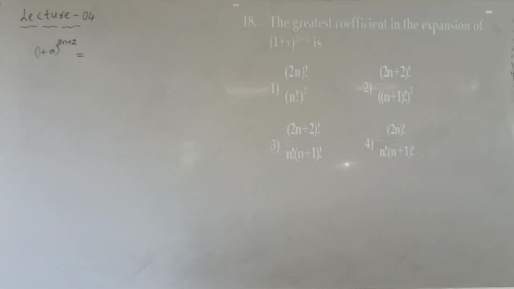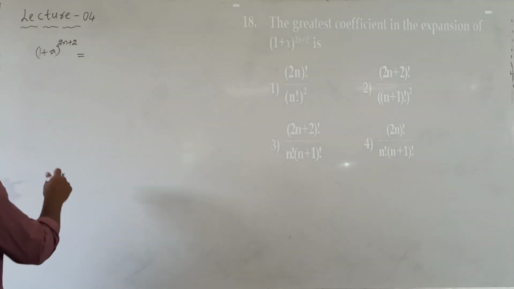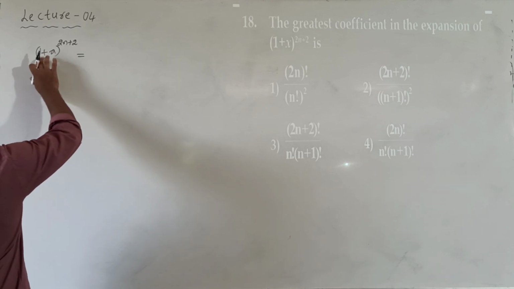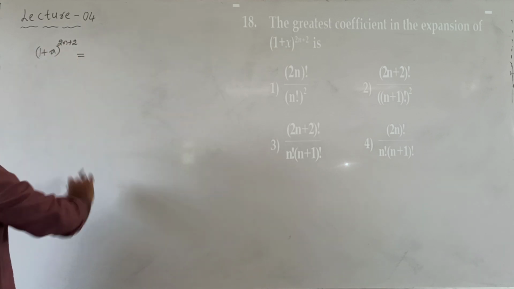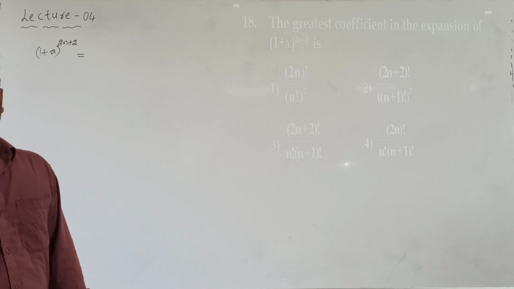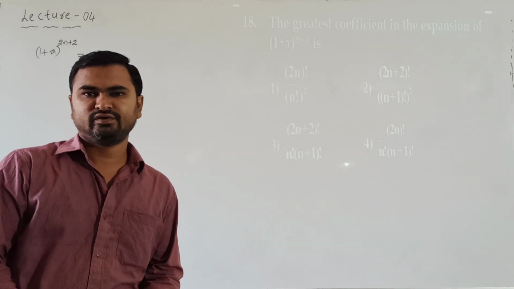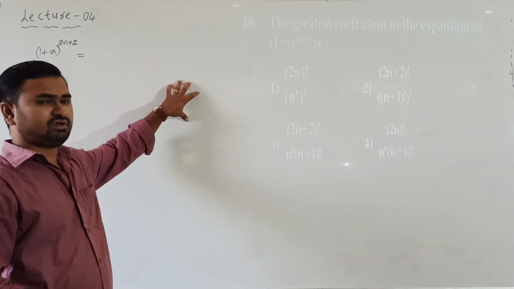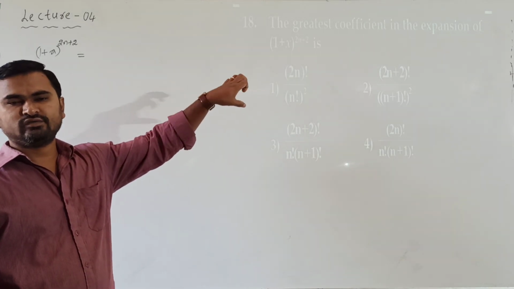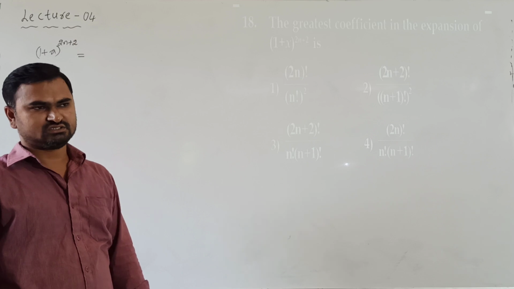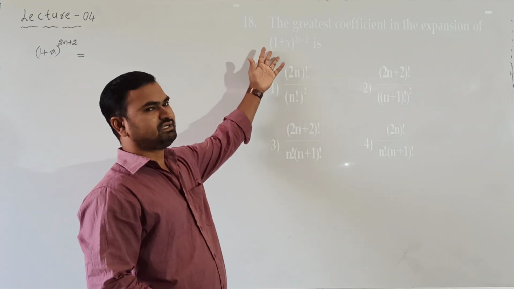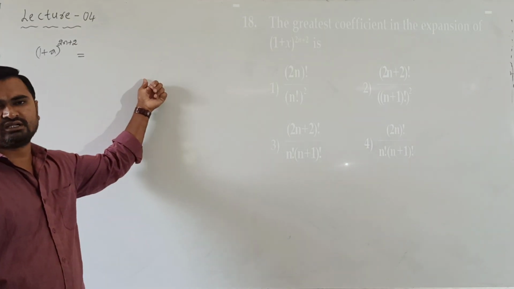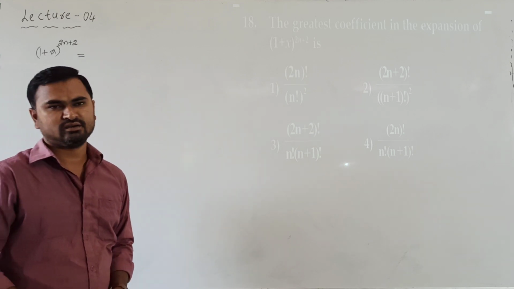See this expansion. Now we know in the expansion (1 + x) whole power n, other than binomial coefficients, do we get any other coefficients? No. Okay. In the expansion (1 + x)^n, only the binomial coefficients we get. So the greatest coefficient in this case is nothing but the greatest binomial coefficient.